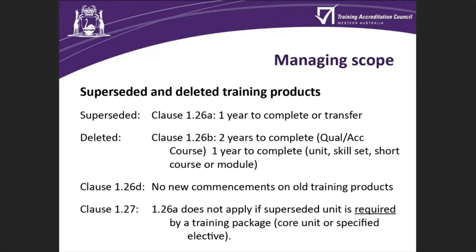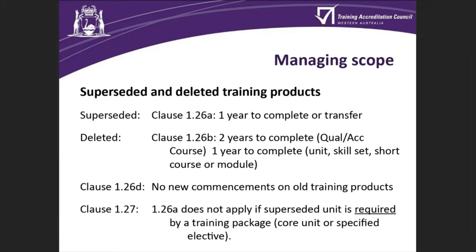It's not just something that you've chosen to deliver, but if it's specified in the training package qualification rules in another training package, then the unit continues to exist for as long as it is required in that training package. So it's not all cut very simply. You have to consider these sorts of rules.